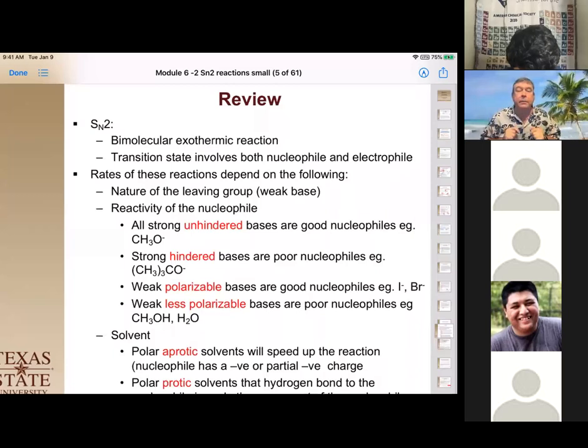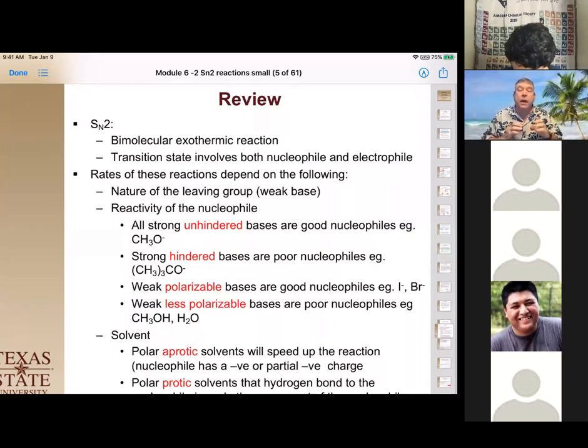The next thing that affects that is sterics, okay? So if we have a small anion that can come in and weave through all the different solvents and attack your electrophile, those are good nucleophiles. We think of small things like the halogens and the salt of methanol.